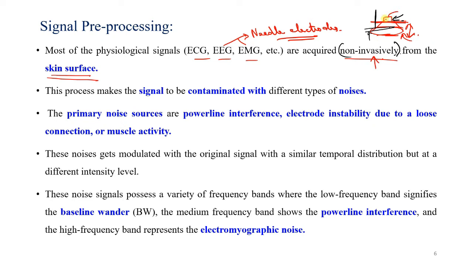Okay. Another important thing is that these signals are contaminated with different types of noise. One of the foremost noises is the motion artifact. Motion artifact means suppose the electrodes have been placed onto your body; while the acquisition is taking place, you cannot stay still. There will be some micro tremors happening unintentionally due to the autonomic nervous system activity in your body.